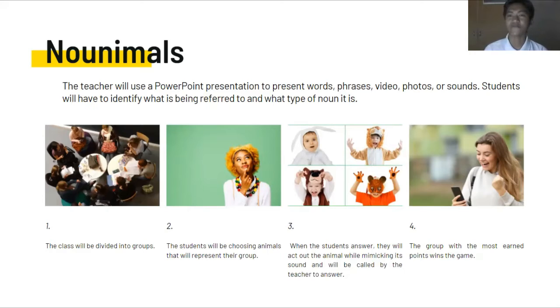For example, if the group has an idea, they will have one representative stand up, raise their hand, do the action, do the sounds of the animal, and after that, they will be called by the teacher and they will provide the name and type of noun of the presented image or word. Next, the group that has the most earned points wins the game.